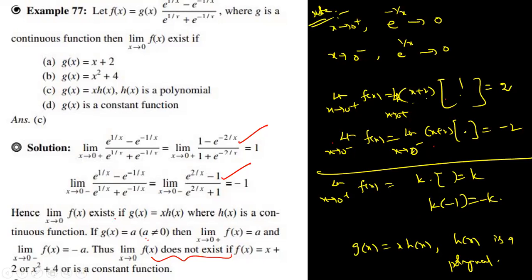That's the meaning. If g of x is, for example, x into x plus 2, or x into x square plus 4, only such cases exist. Completely in terms of x only; no constant term is required.